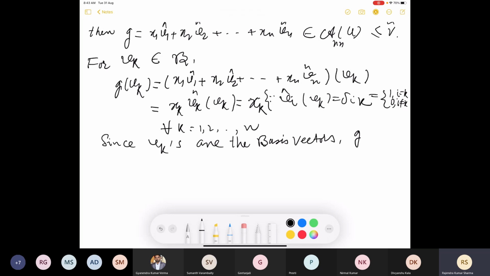So it annihilates every vector which is a linear combination. So G belongs to the annihilator.